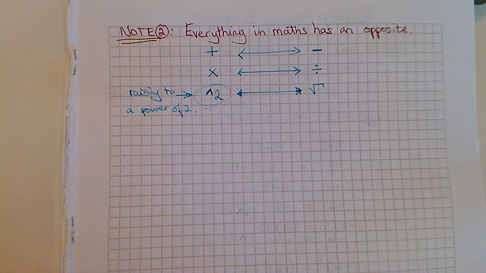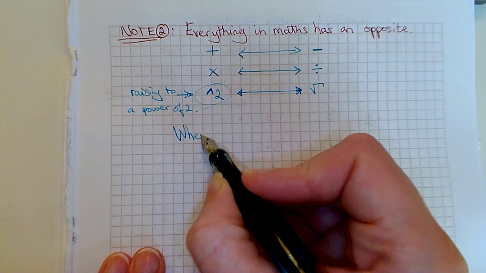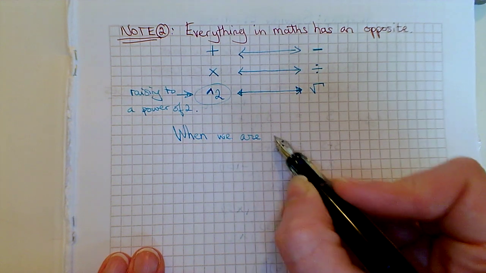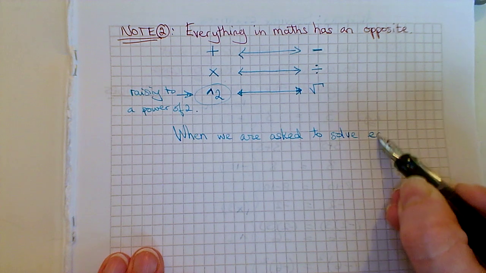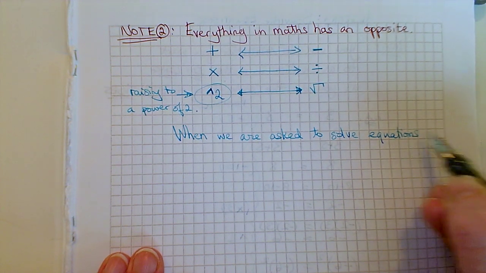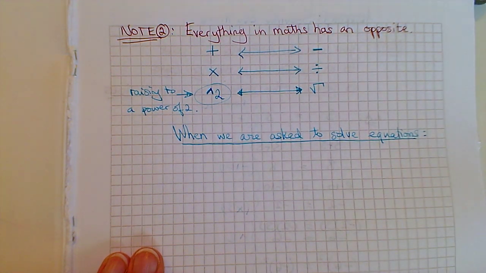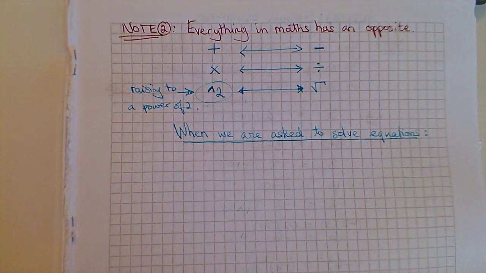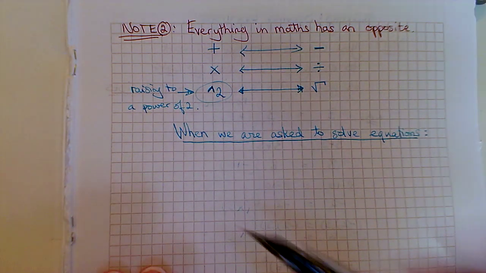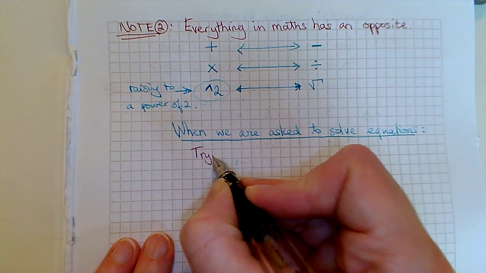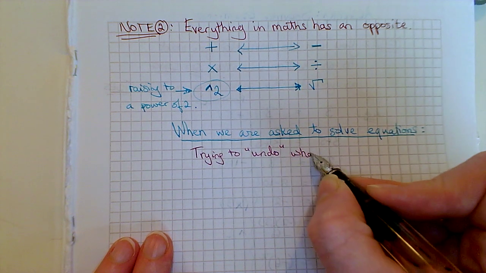So when we are asked to solve equations, what we try to do, we try to simplify. We try to get x on its own on one side. So we're trying to undo what was done to x.